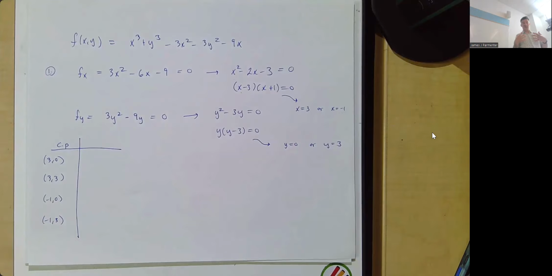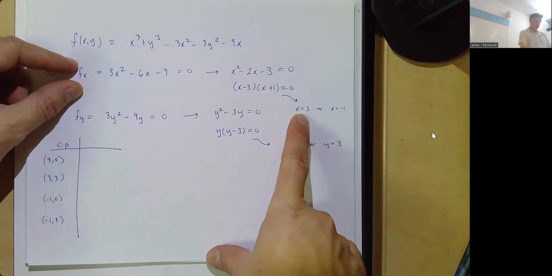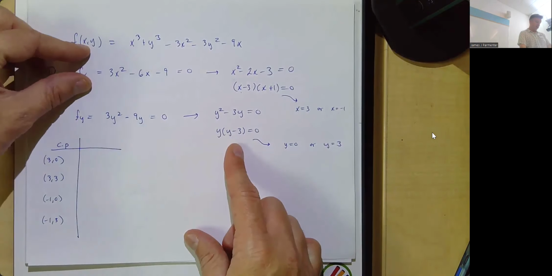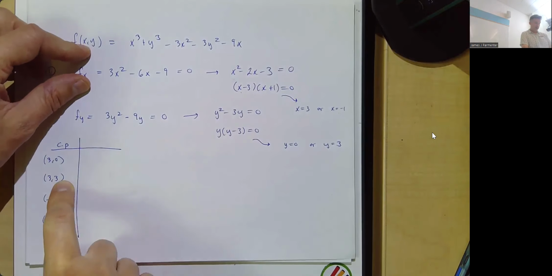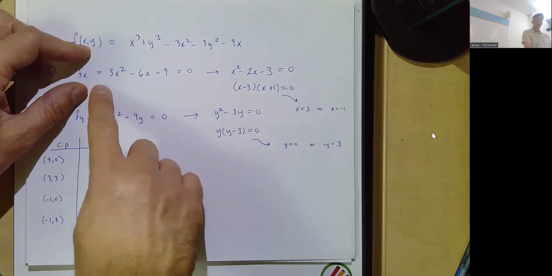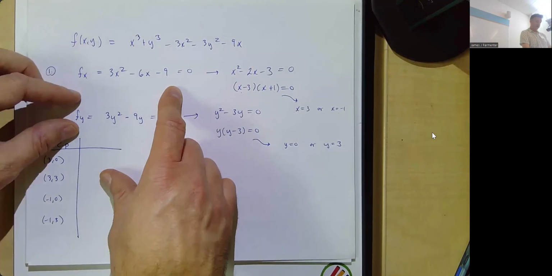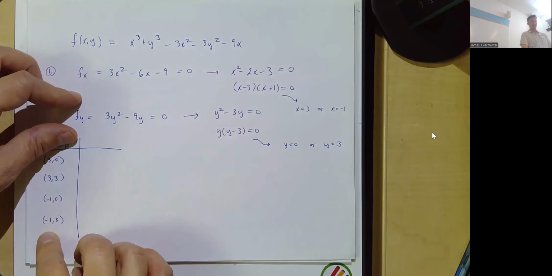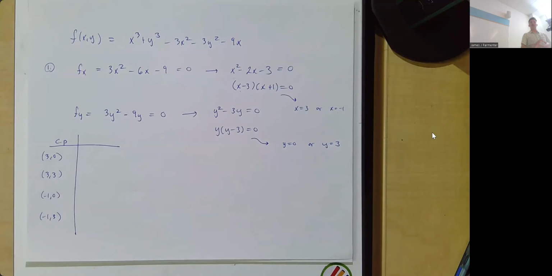If we think about this for a second, if x is 3, this first equation will certainly be 0. If y is 0 or 3, the second equation will certainly be 0. So x can be 3 and y can be 0 or 3. Similarly, if x is -1, this whole first equation is equal to 0, and for the second equation to be 0, y could be 0 or 3. So x can be -1, y can be 0, or x can be -1, y can be 3. We're trying to write all the ways that both equations are simultaneously equal to 0.